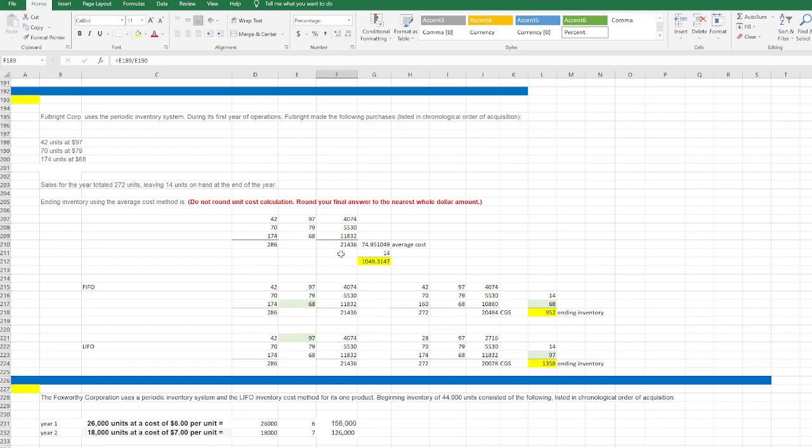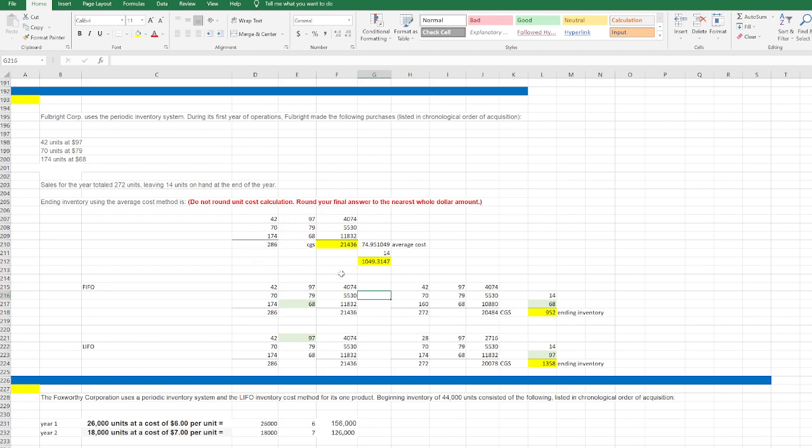The way that I work this, if it asks you for cost of goods sold, that's right there, right? If they want cost of goods sold, I guess I could label that better. All right, that would be cost of goods sold. Put that over there. Or ending inventory. So to get the average, I have a total of 268 units.